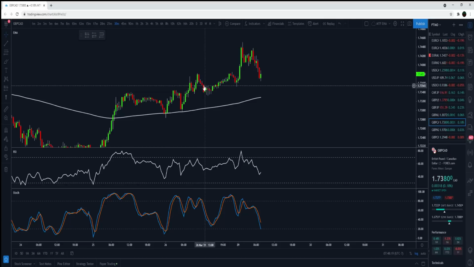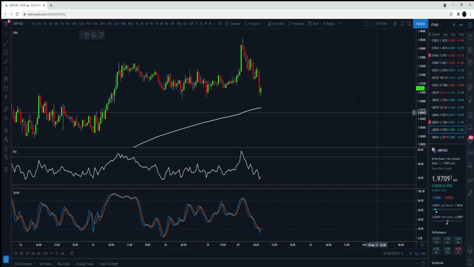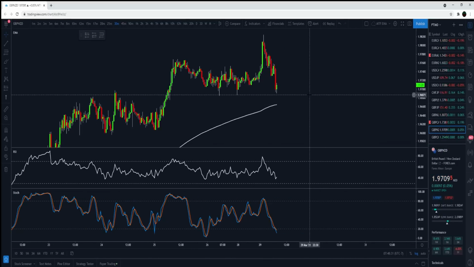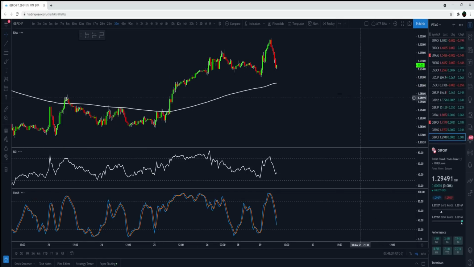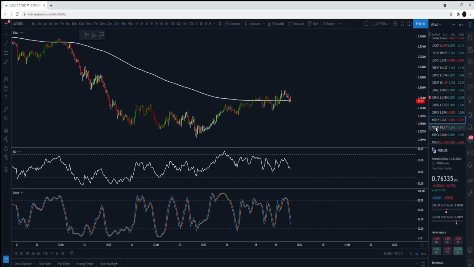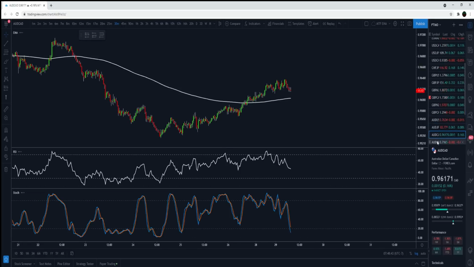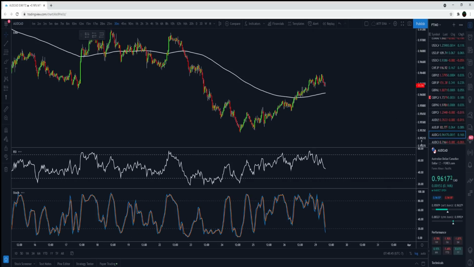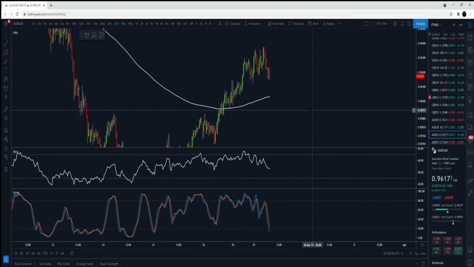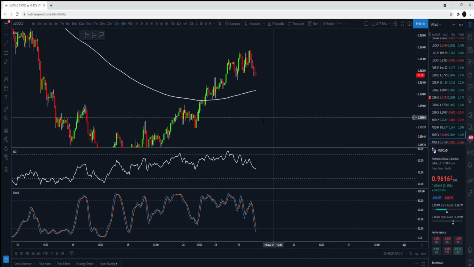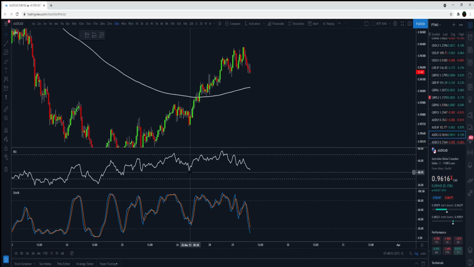If we're looking at this pullback here, definitely getting hidden divergence, so I can take a look at this one. No, not really. Nothing. No. Nah.